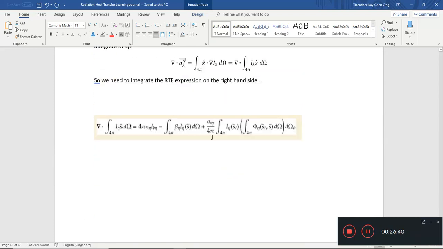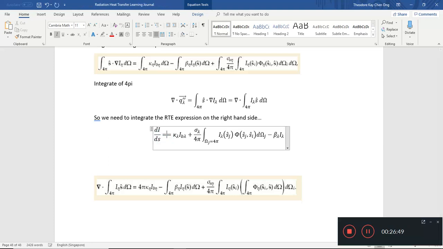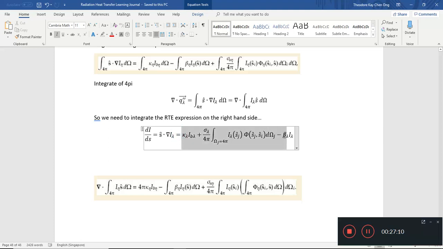If it settles pretty quickly and you can ignore the time dependence as said before, DIDS equals to nabla bullet S hat, right? Bullet nabla I lambda. Alright, so we need to integrate all of these on the right hand side.